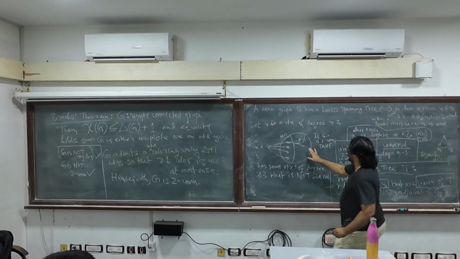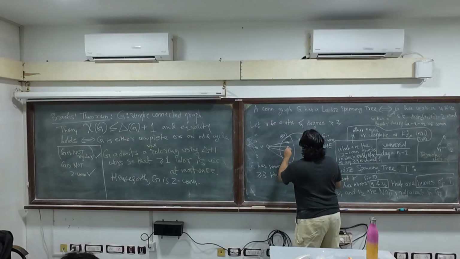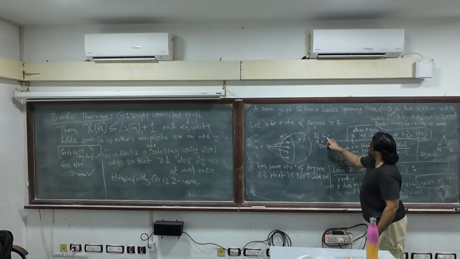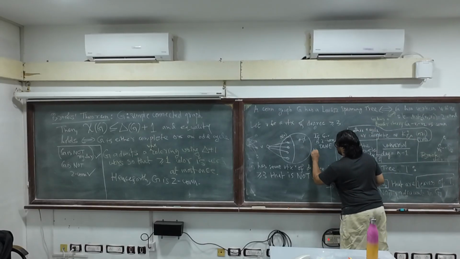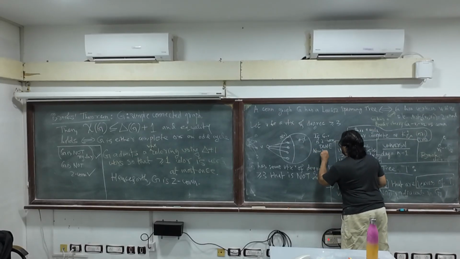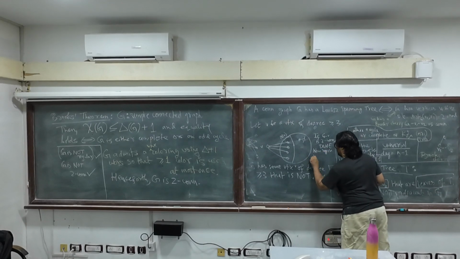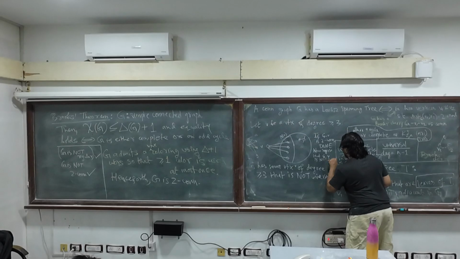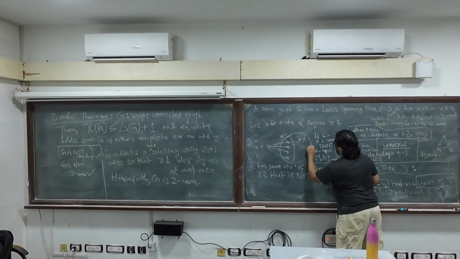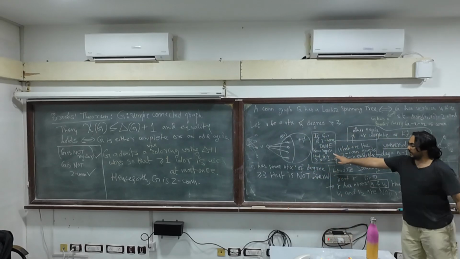Yeah? So, we are now going to consider the only case that remains, which is that G minus V is not 2 connected. Now suppose that G minus V is not 2 connected. This is the case that remains.